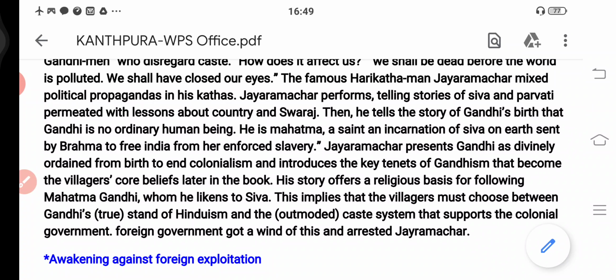And look, when the sage was still partaking of the pleasures Brahma offered him in hospitality, there was born in a family in Gujarat a son such as the world has never beheld, and his name was Mohandas Karamchand Gandhi. So here, in the story of this Harikatha man named Jai Ramachar, Mahatma Gandhi was the incarnation of Lord Shiva himself.